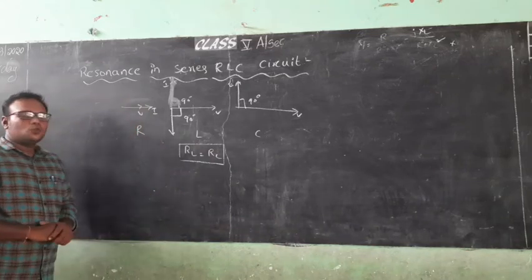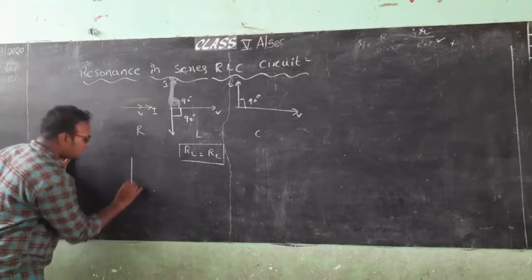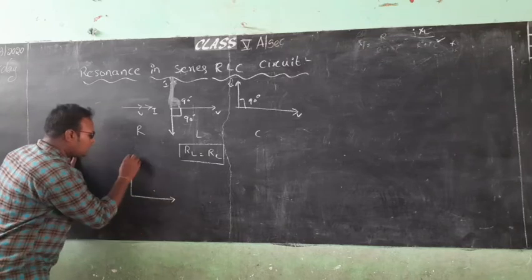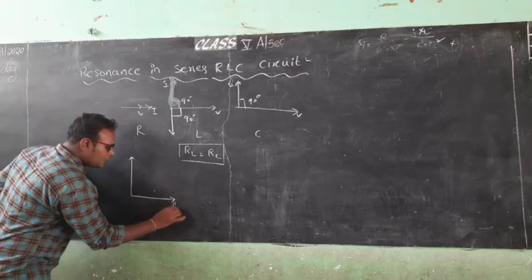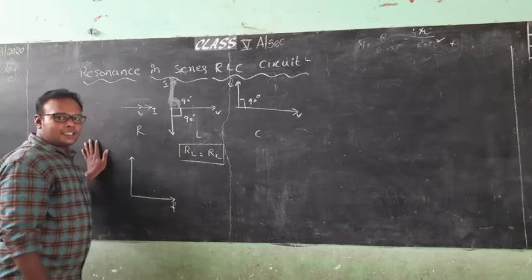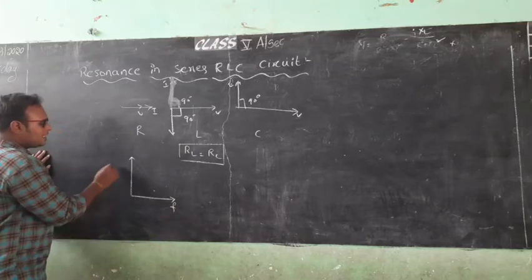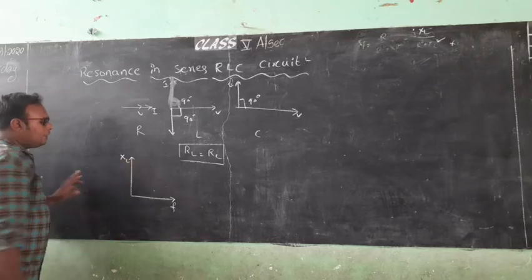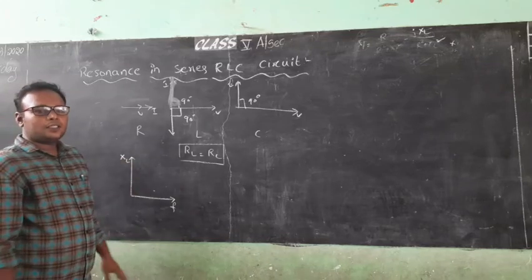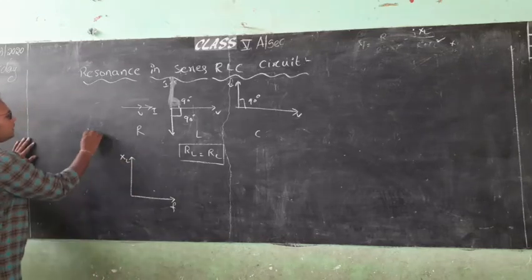So let us see two characteristic waveforms. Frequency is varied in the AC supply. We take the frequency on the x-axis and XL on the y-axis. What is the reactance of the inductor?